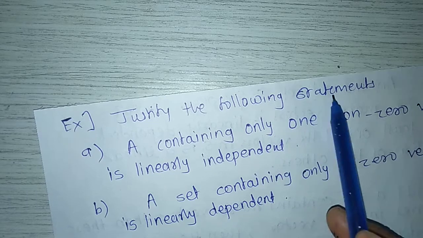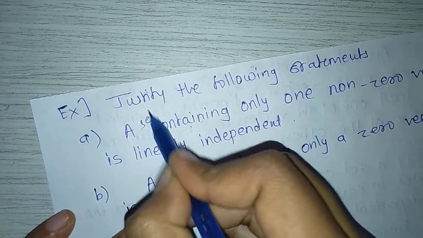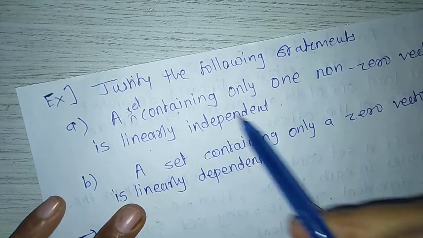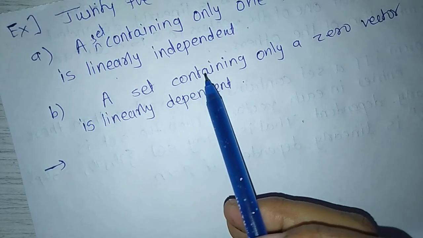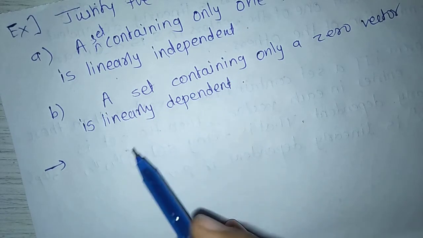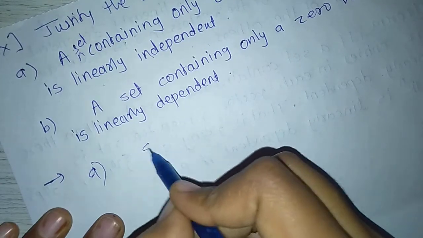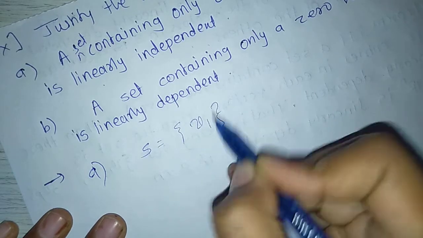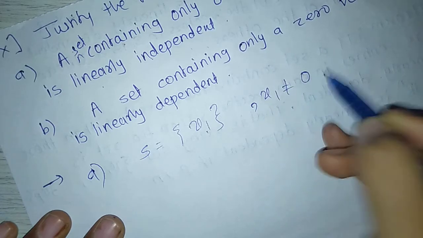Justify the following statements. First, a set containing only one non-zero vector is linearly independent. Second, a set containing only a zero vector is linearly dependent. First, A. Suppose set S contains V1, only one non-zero vector, meaning V1 is not equal to 0.